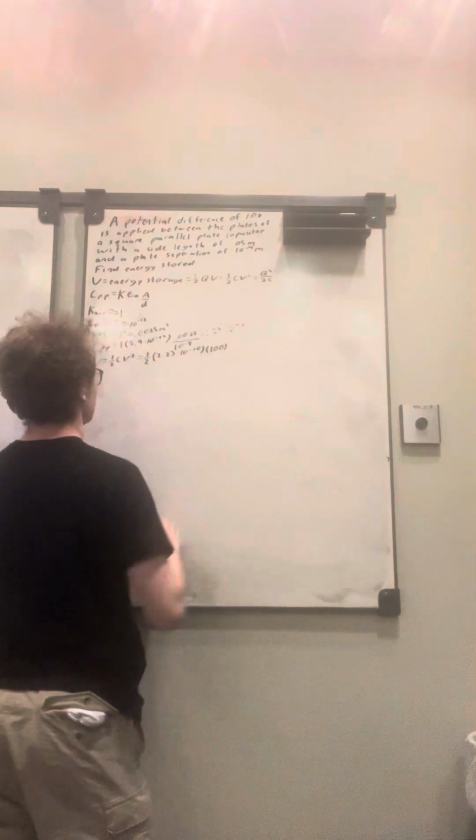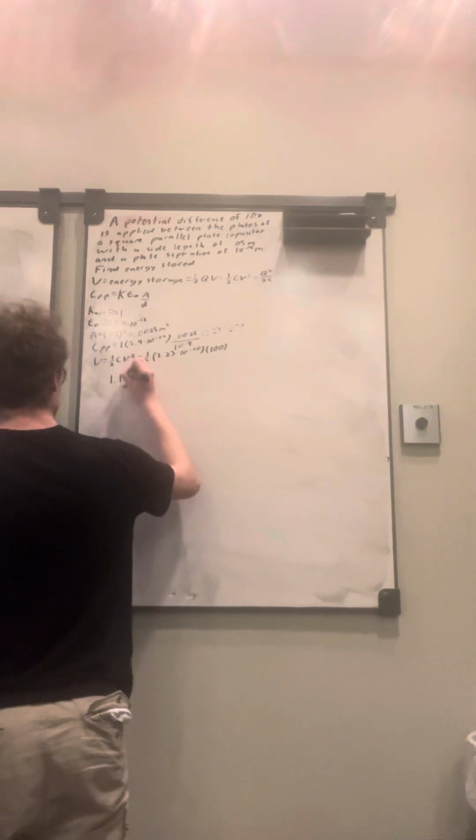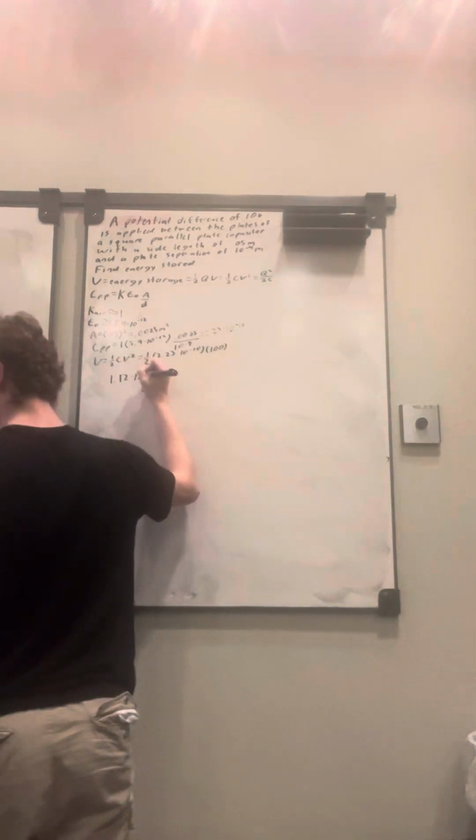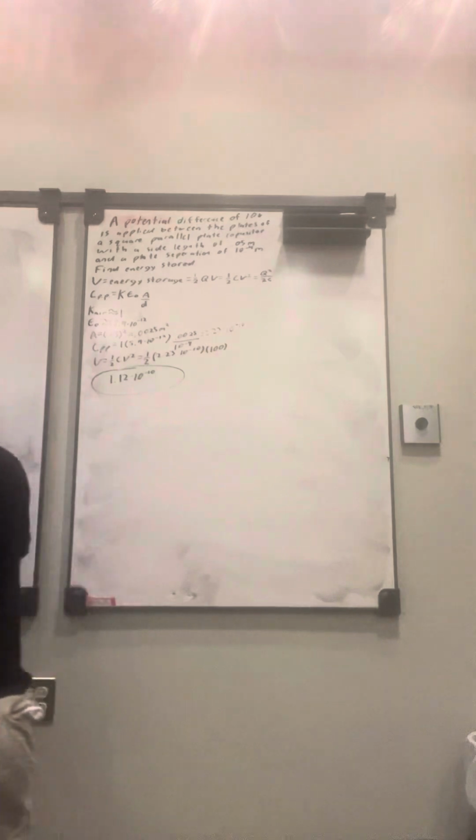If we multiply this all out, we will get a value of 1.115 times 10 to the negative 10, which, for two significant figures, will be 1.12 times 10 to the negative 10, which should be our final value.